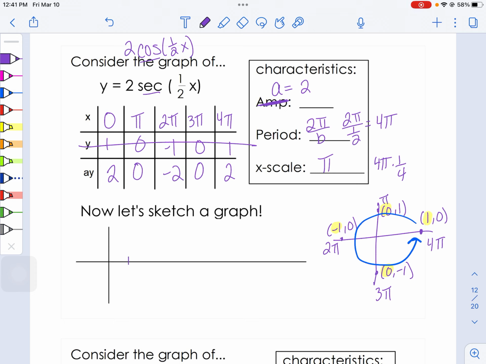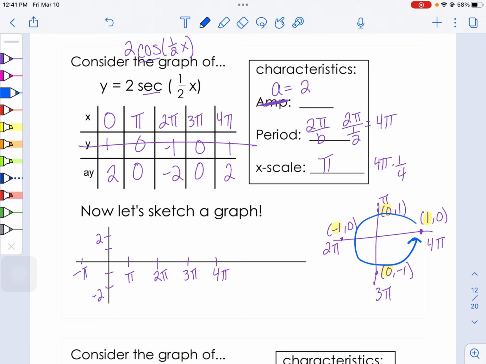So throwing that on my graph, I'm going to do it like this: pi, 2 pi, 3 pi, 4 pi, negative pi, etc. And then I need to go up to 2 again. Since I'm going to graph cosine first, I'm going to do this as just a dashed line.